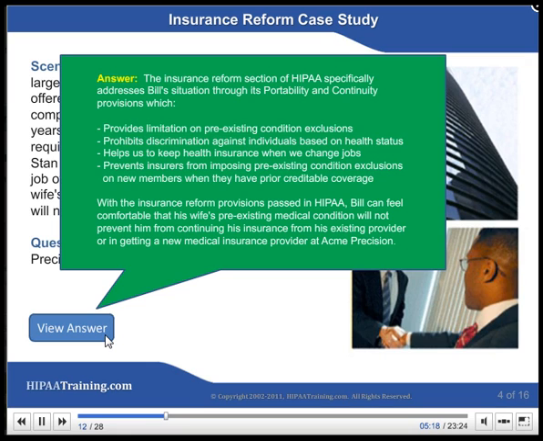With the insurance reform provisions passed in HIPAA, Bill can feel comfortable that his wife's pre-existing medical condition will not prevent him from continuing his insurance from his existing provider or in getting a new medical insurance provider at Acme Precision.